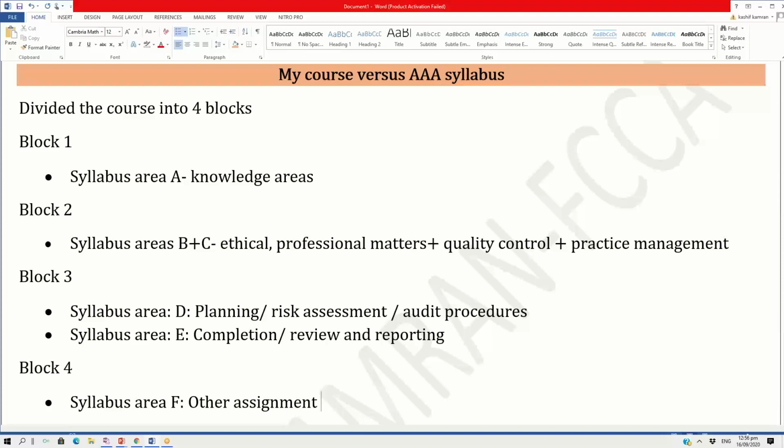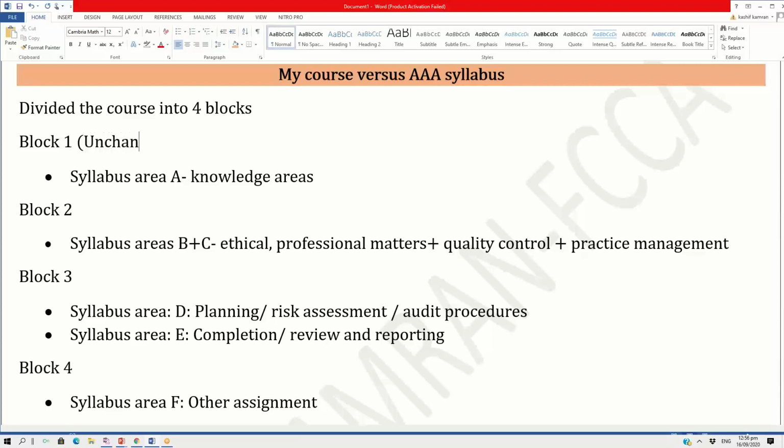Now, how will this course go up? What I have planned, considering what has happened in the AAA in the last few years and my association with this paper, is that block 1 is the unchanged block.